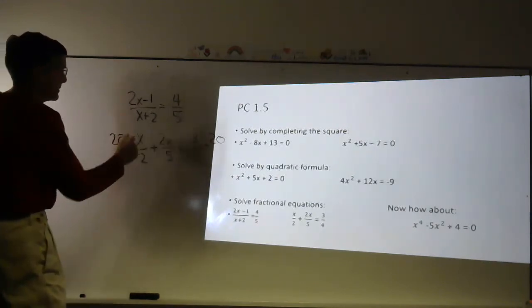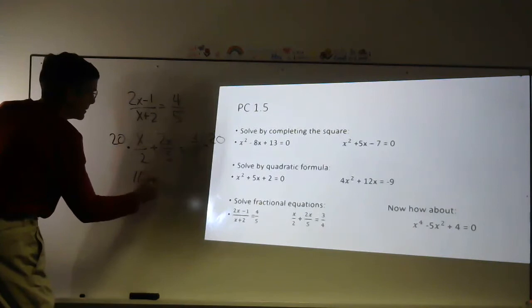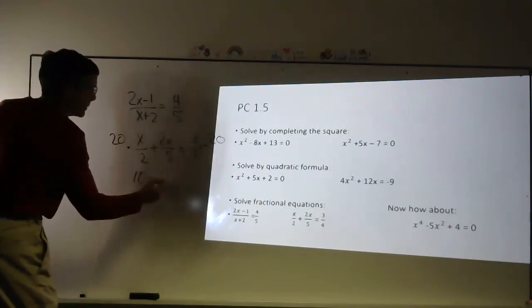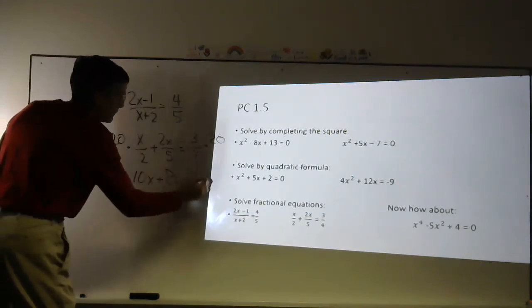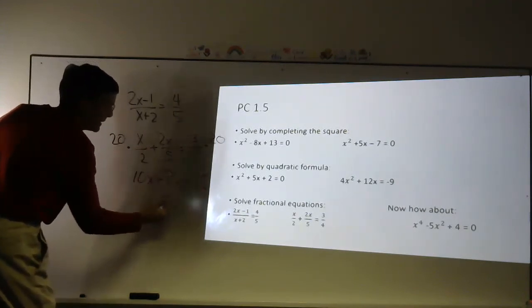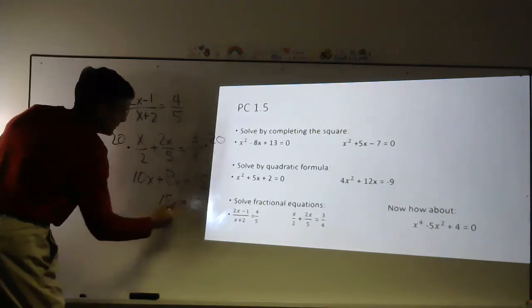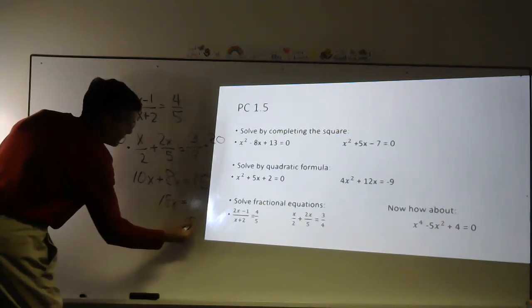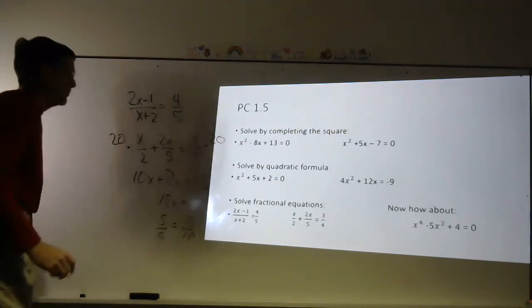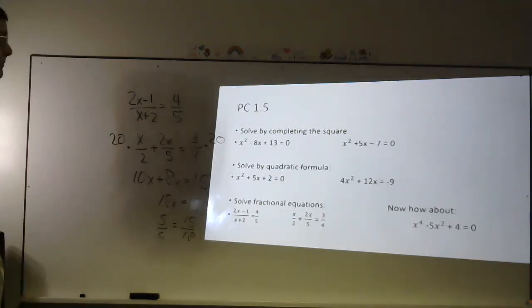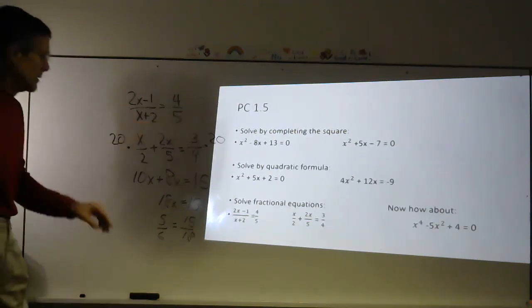Okay, 2 into 20 is 10, 10x. 5 into 20 is 4, 8x. 4 into 20 is 5, 15. 18x is 15. Divide by 18, I get 15/18, which you can reduce to 5/6 by getting rid of the fractions immediately. 1 to go.